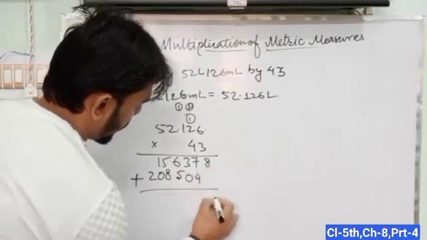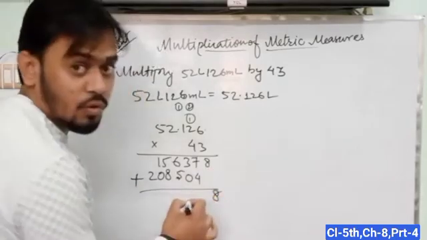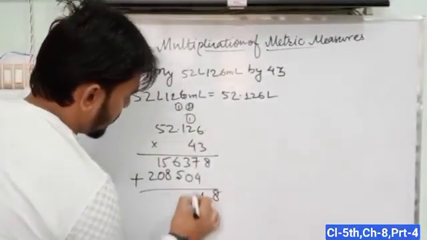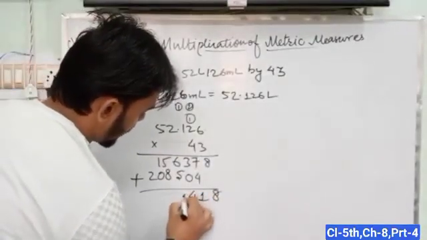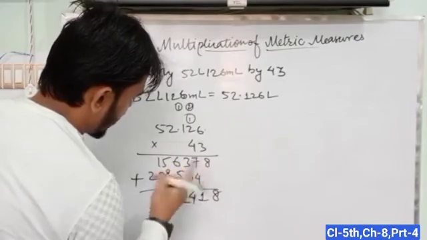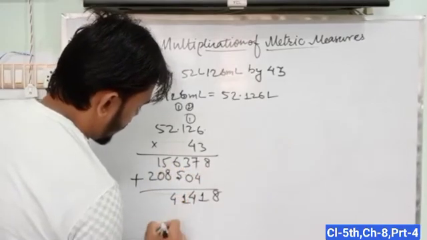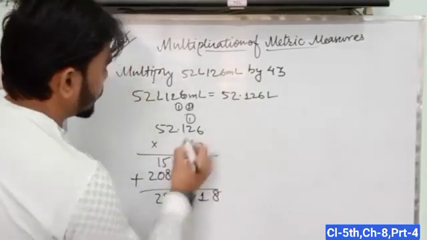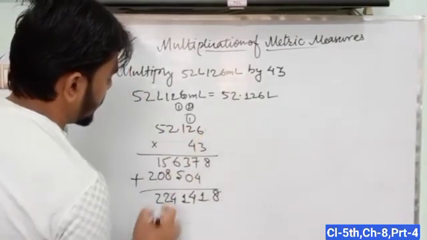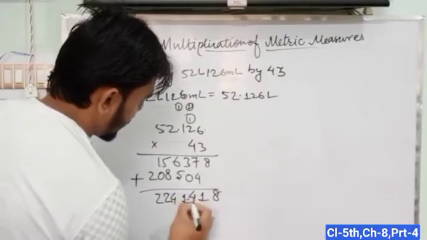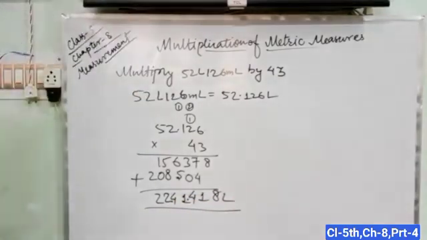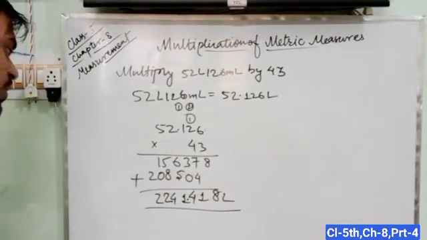Add now 8, 7, 4, 11, and 3 and 1, 4, 6, 5, 11, 5 and 1, 6, and 8, 14, 1 in hand, 1, 1, 2, and 2. Here the decimal goes after 3 digits from the right side, so put the decimal here and put liter here. So 2241.418 liter.